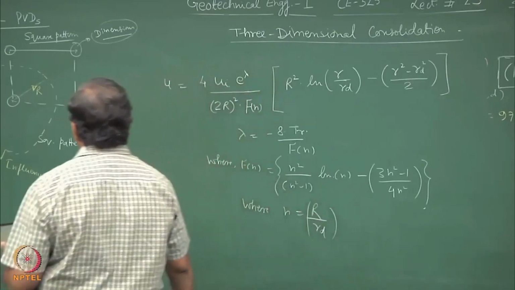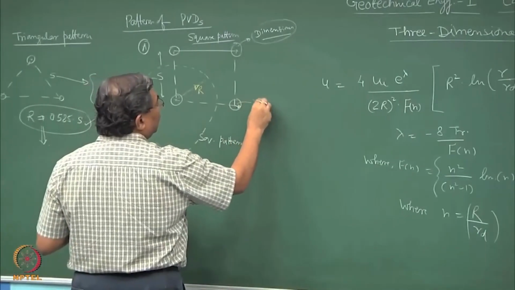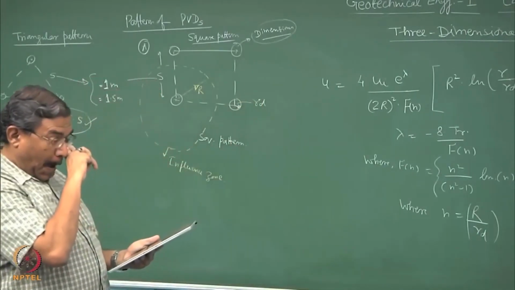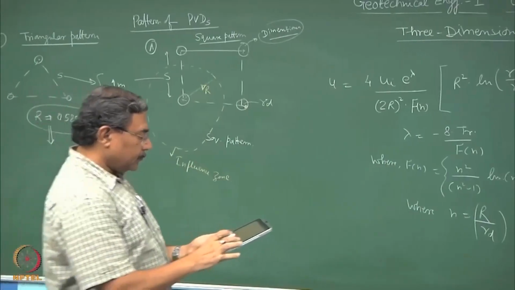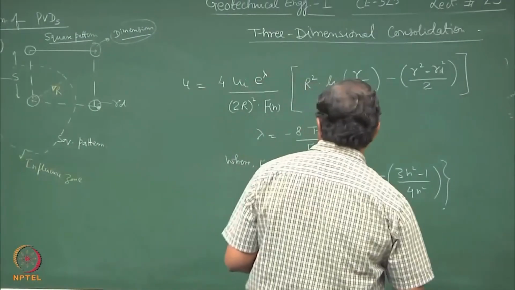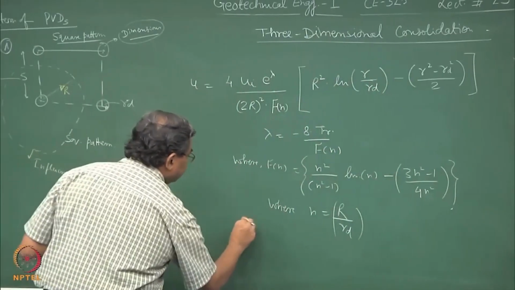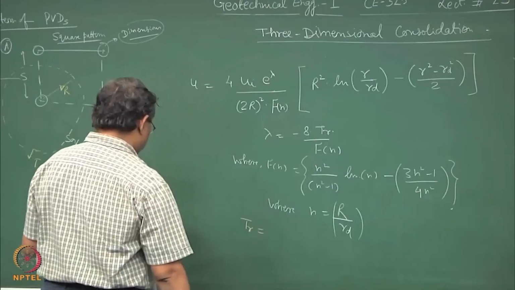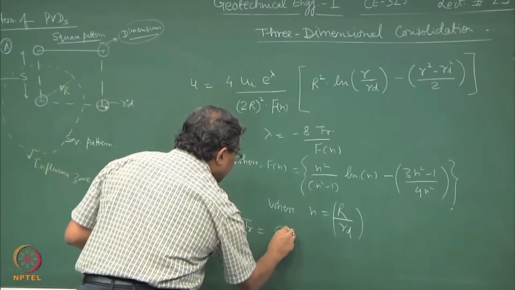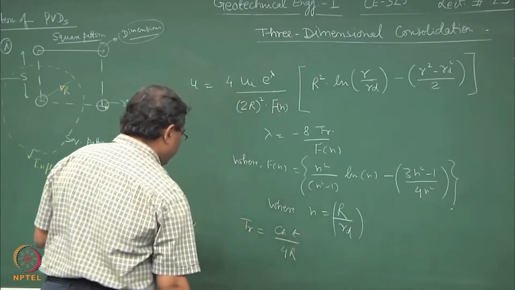What is Rd? The radius of the drain. So, this is the Rd. The Tr is defined as Ch into T upon 4r square.